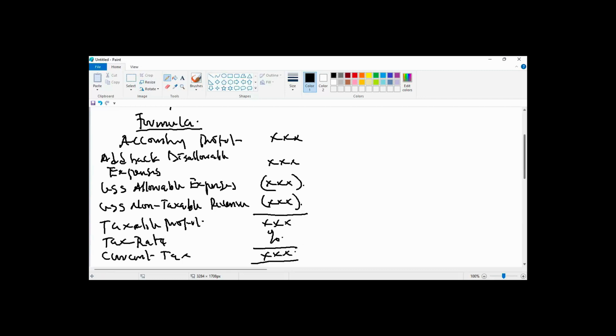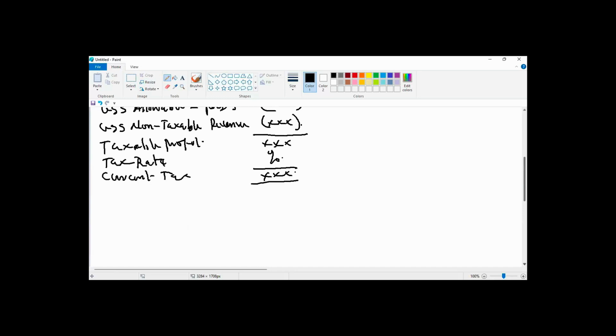Thereafter, after I've gotten my current tax, it is affected by under or over provision for last year. So last year, we can have over provision. What do we do to over provision? We deduct, and it is going to be seen on the credit side of the trial balance.